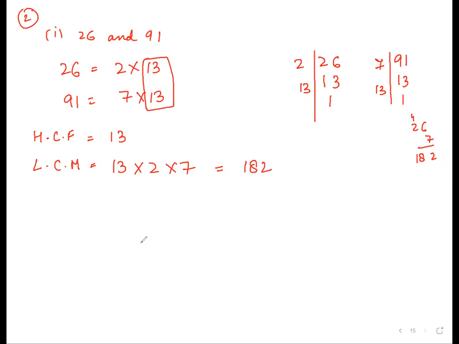Now next you have to verify that LCM into HCF is equal to the product of two numbers. So if you find HCF multiplied by LCM, you get 13 multiplied by 182. Please tell me what you get here. 2366.